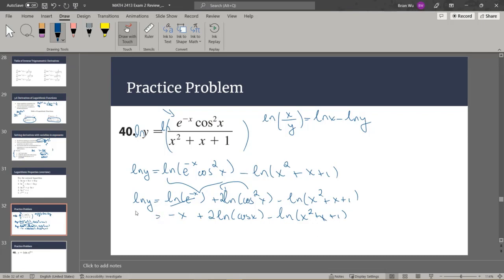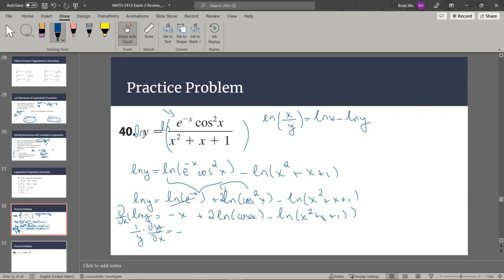Okay, and then in order to find our derivative, we're going to differentiate both sides. So we differentiate the whole thing, and we get 1 over y. And because we derived an expression of y, we have to use the chain rule. We apply dy dx. The right side, now it's going to be much easier instead of doing the product rule and the quotient rule.